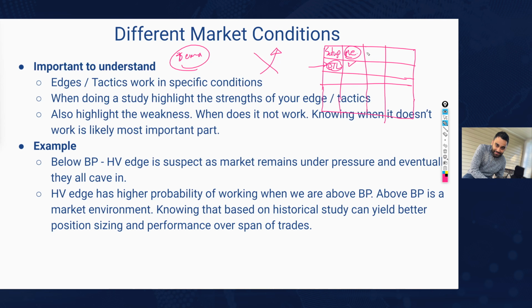If you want to say, okay, every time I see a DT, every time I see a HV edge, this is the bar, and what happens 1 to 3 days from it? Does it do this? If it does this, then it's a good edge. And if it doesn't, then this edge is horrible. You can't take human intuition out of it when you're doing a study, is what I'm trying to say.